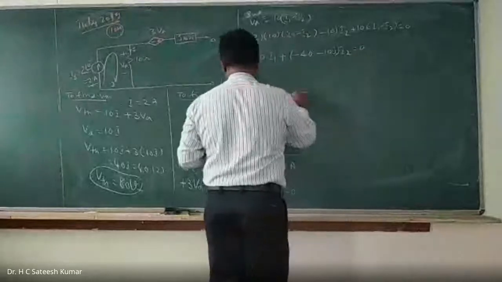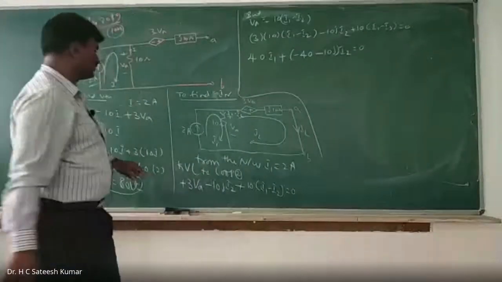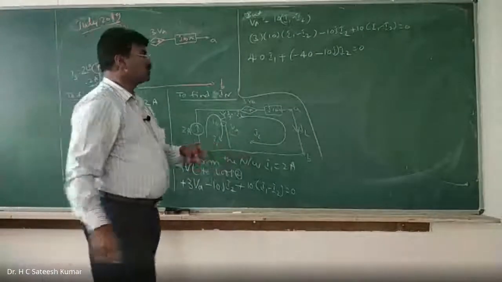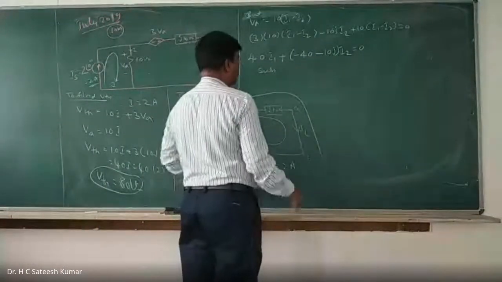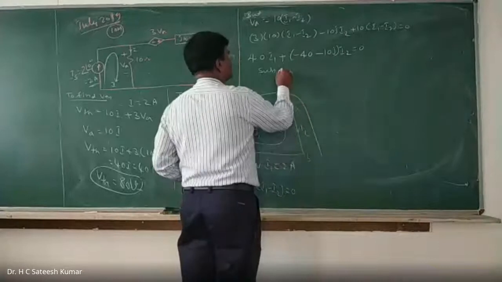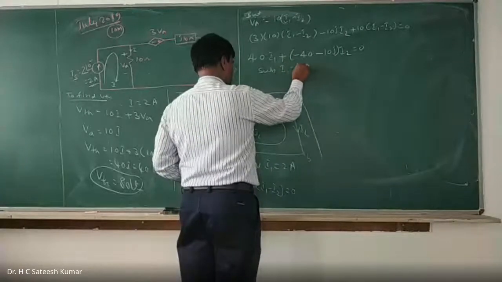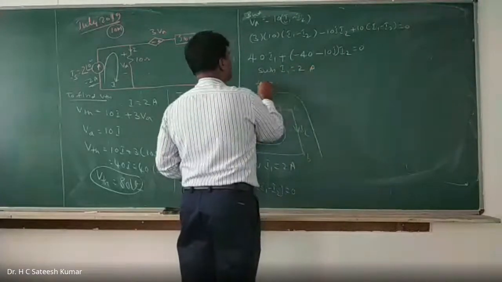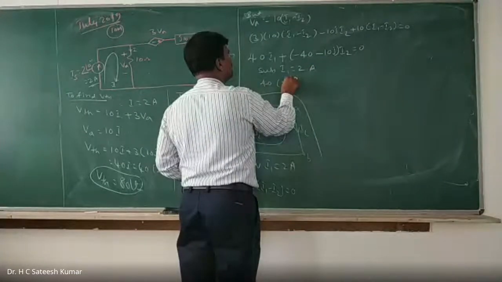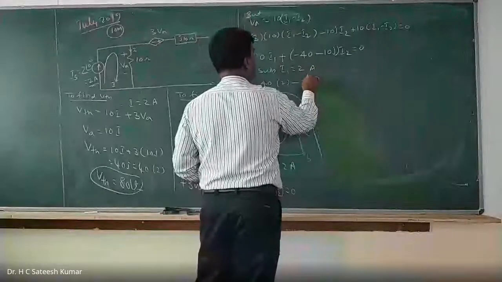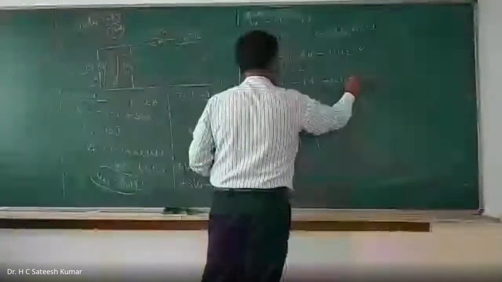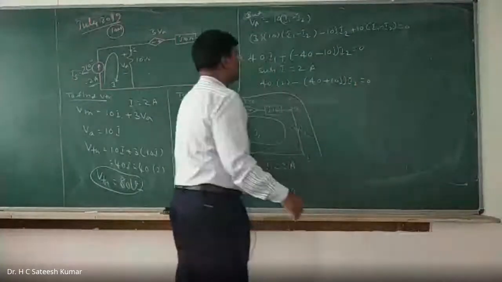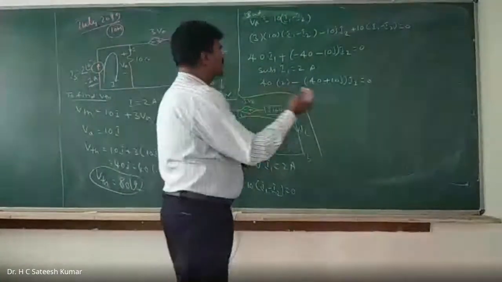Now we know this current: I1 is equal to 2 amps. Substitute. Don't use the calculator directly, because it will become complex. So 40 into 2, minus, taking common, minus of 40 plus 10J into I2 is equal to 0. 40 into 2, 80, transfer to the right hand side.